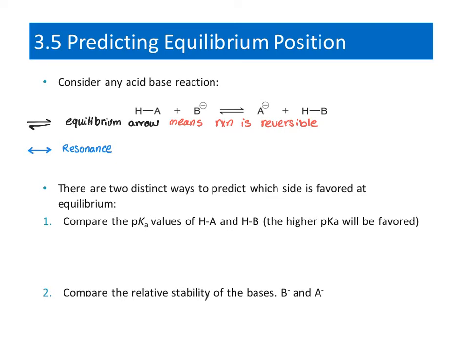If I draw the arrow in this way, that means products are favored. Equilibrium produces the products more. And if I draw the arrow in this way, that means the reactants or starting materials are favored.